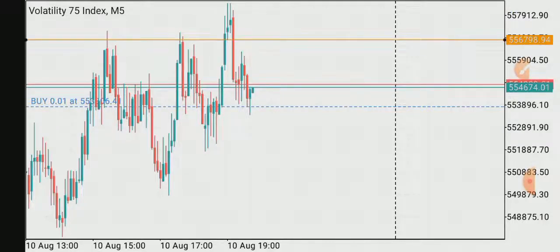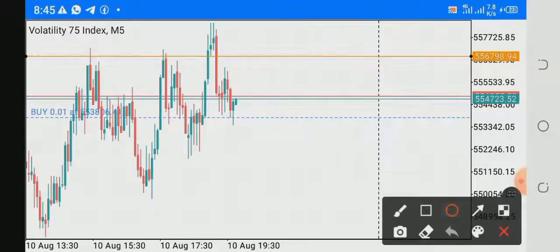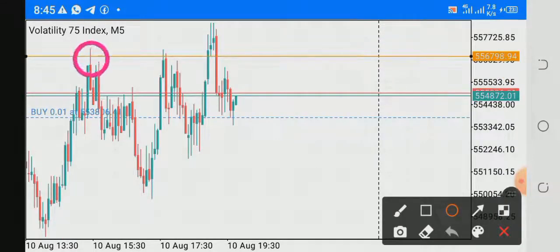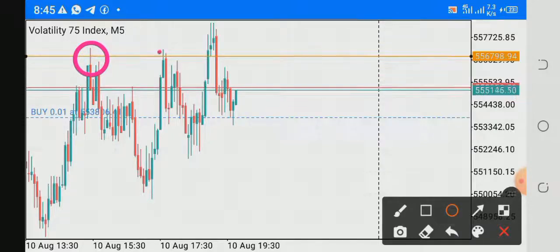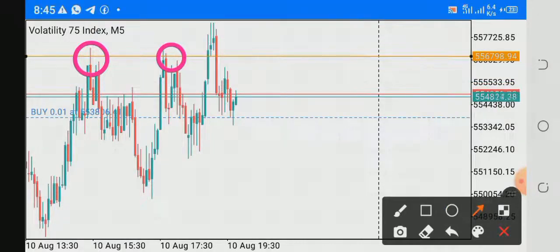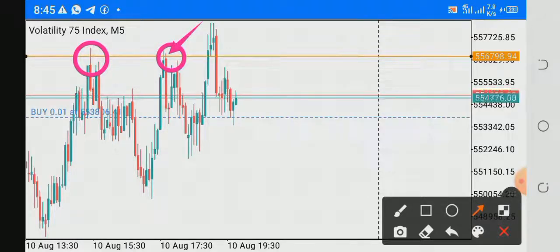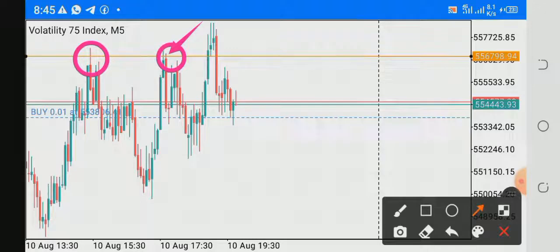So once you tap on it, we have our resistance here. If you look at this place and this place, you discover that this line is stopping this candle from breaking out to the upward side. It is stopping the price from moving upward above the line.